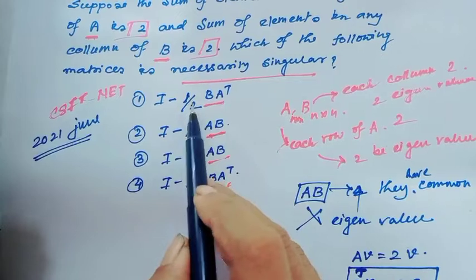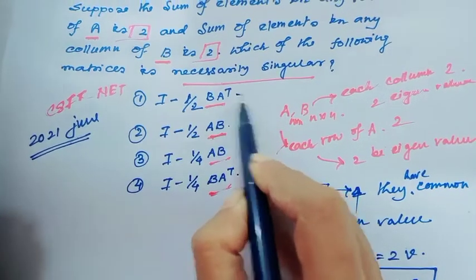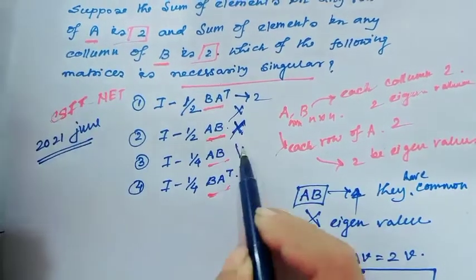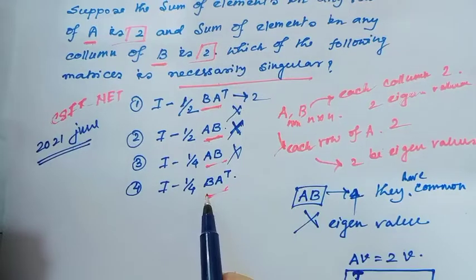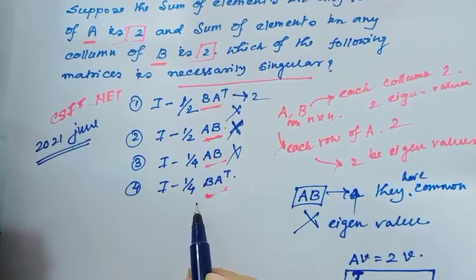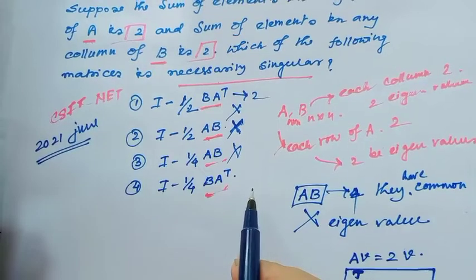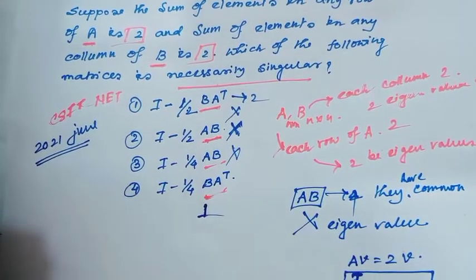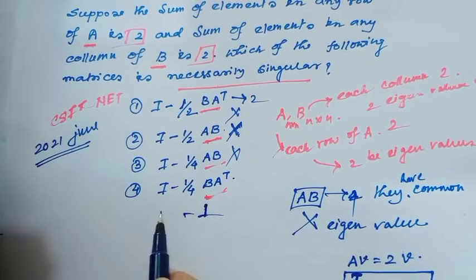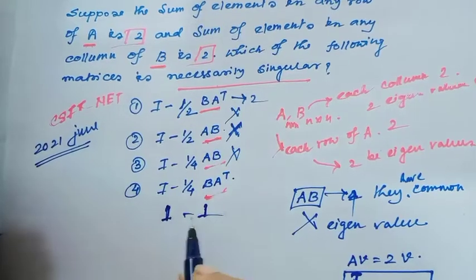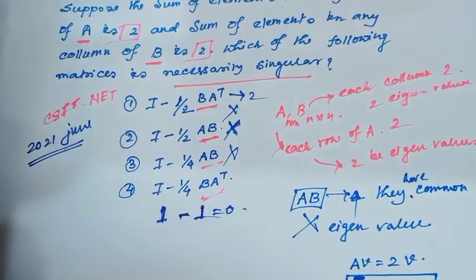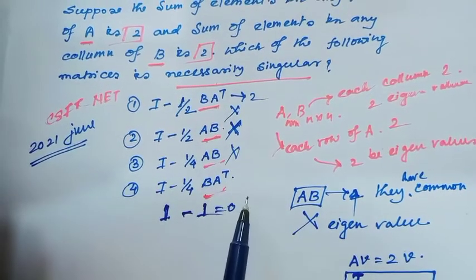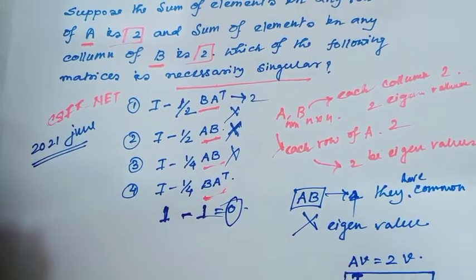Here 1 over half times 4 would be 2, so this cannot be 0. Also we cannot tell about this part, only we can tell about BA transpose. Since BA transpose has eigenvalue 4, here also 1 over 4 times 4 would be 1, and the eigenvalue of identity is always 1. So 1 minus 1 equals 0. Therefore, obviously, identity minus 1 over 4 BA transpose has an eigenvalue 0.